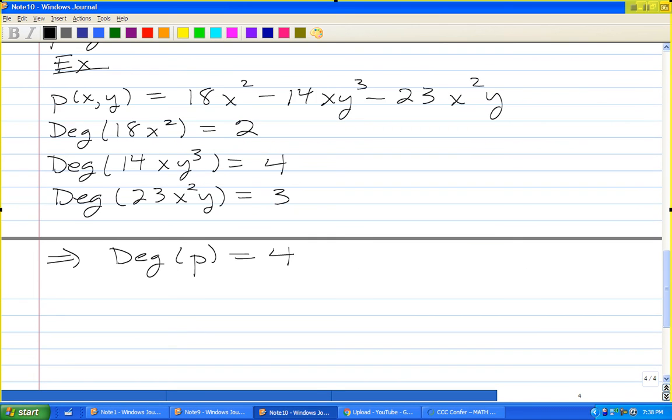I should say that sometimes we capitalize degree, sometimes we keep it in lowercase. Depends on the book. Okay, let me give you some more terminology.